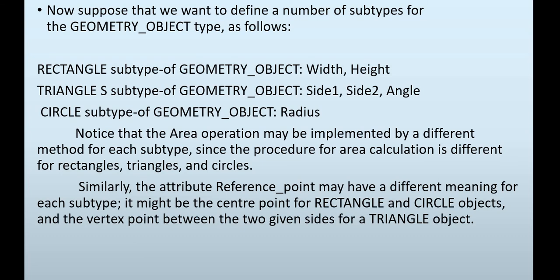The area operation may be implemented by a different method for each subtype, because the area of rectangles, triangles, and circles is not calculated in the same way. The attribute reference point may have different meaning for each subtype. It may be the center point for rectangle and circle objects and a vertex point between two given sides of a triangle object.